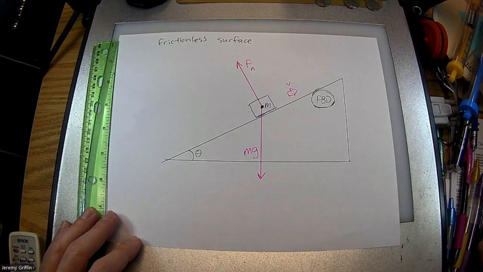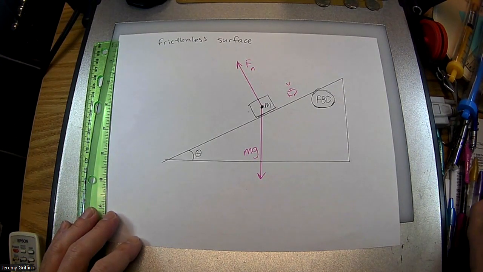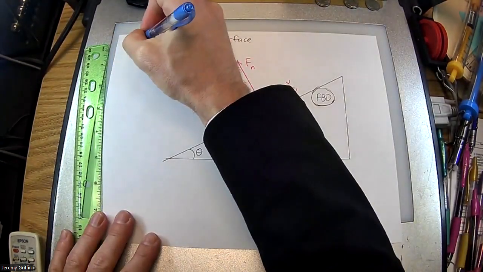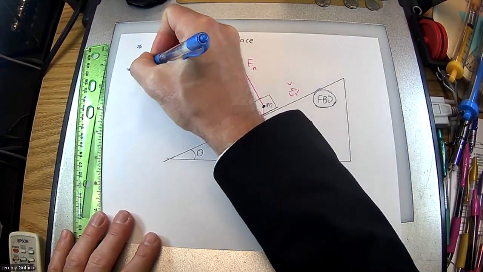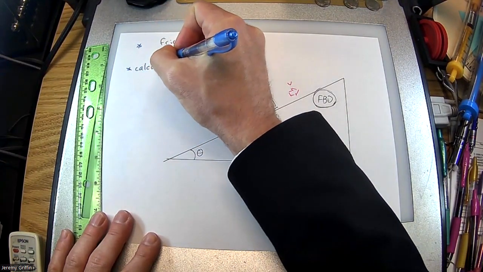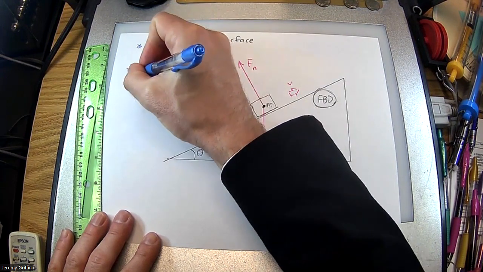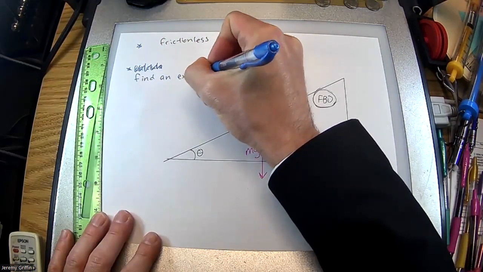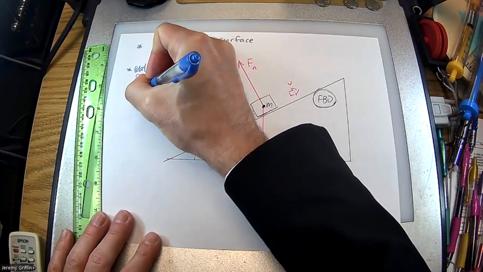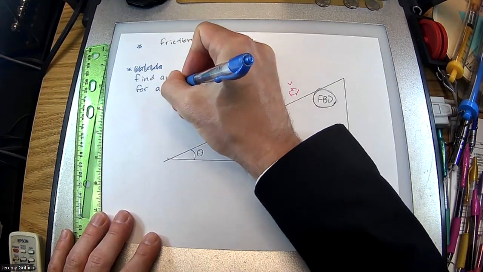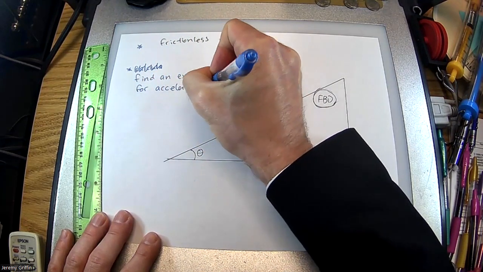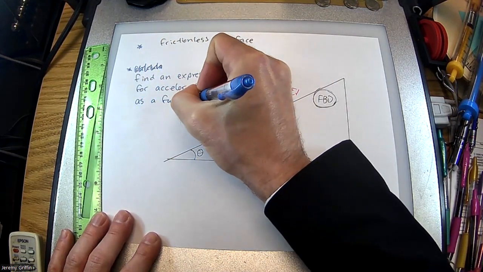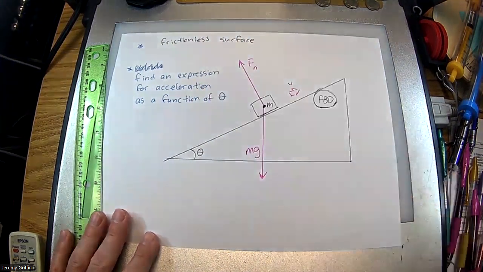I want you guys to calculate what is the acceleration as a function of this angle theta. Okay, I'm going to spell that out. Let's find an expression for the acceleration as a function of theta, right?